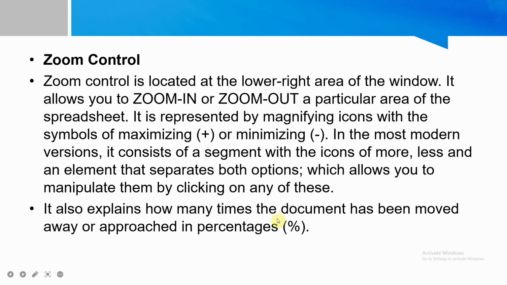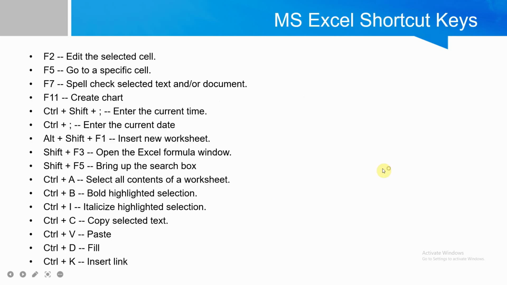It also shows how many times the document moves away or approaches in percentage. You can also see it in the status bar, the small status bar, showing how far or how near your view of the document is in percentage.